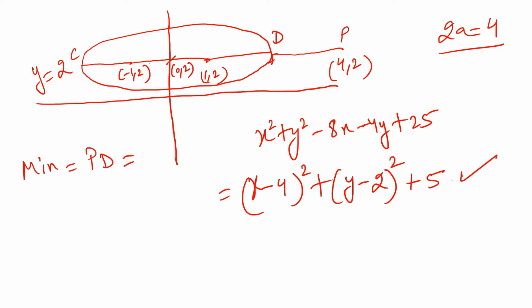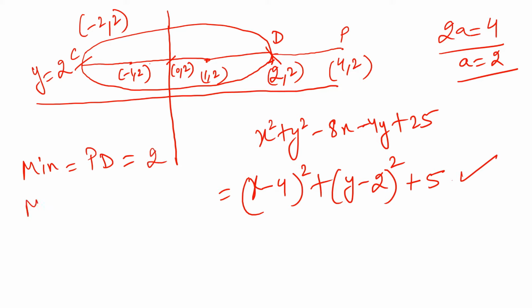So this particular distance must be equal to how much? It should be equal to 2, because a is coming out to be 2. So that means this particular point can be written as (2, 2). The coordinates of the point D will be (2, 2). And similarly, the coordinates for the point C will be (-2, 2). Fine. So that means easily I can find the distance of PD as just 2 units.